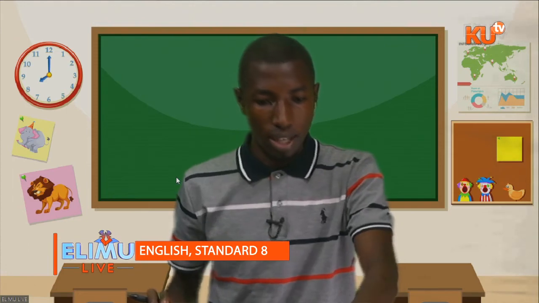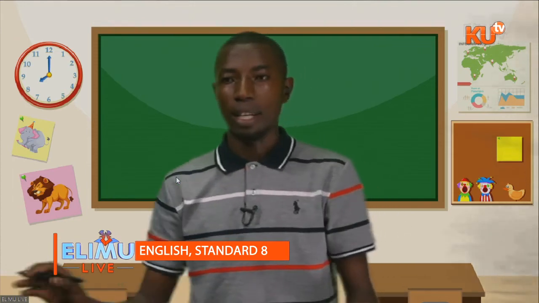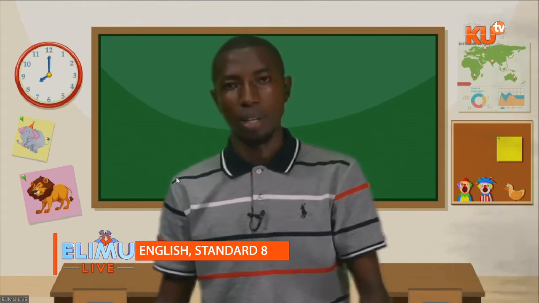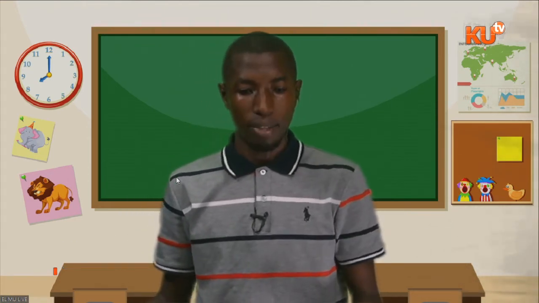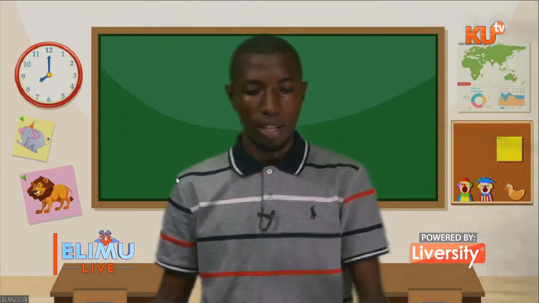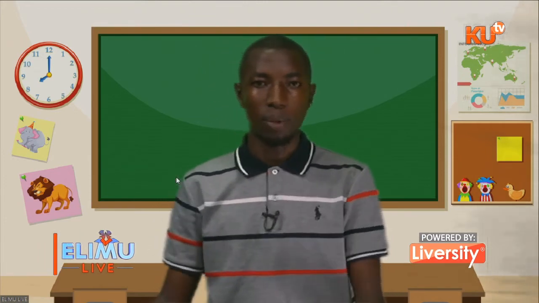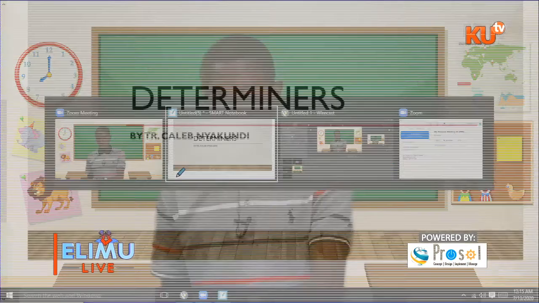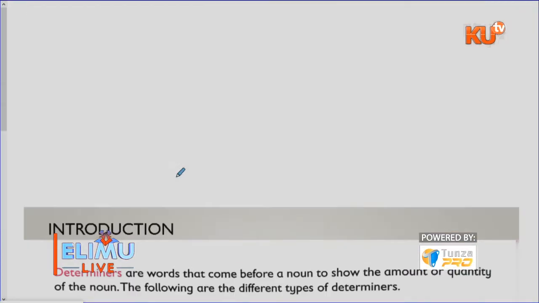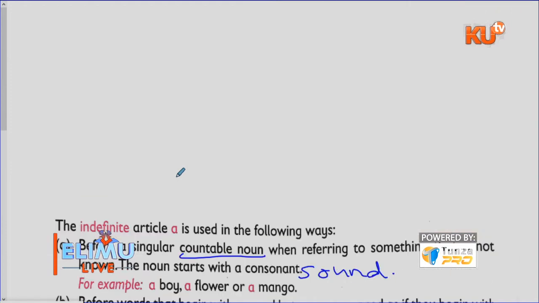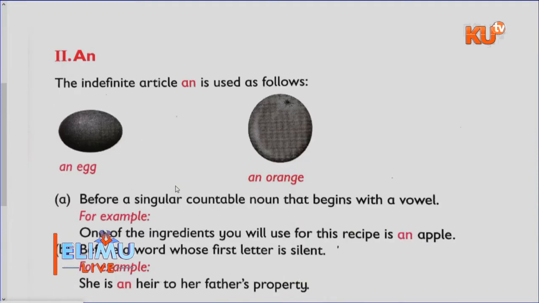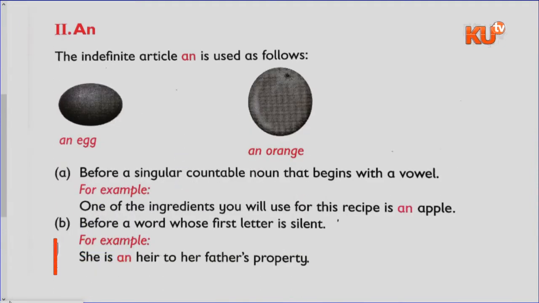Next is an. An is an indefinite article. An is also an indefinite article, just like a, and it is used as follows. Let me give you an example. An egg, an orange. Let me move to my next page. So the indefinite article an is used: an egg, an orange, those are examples.